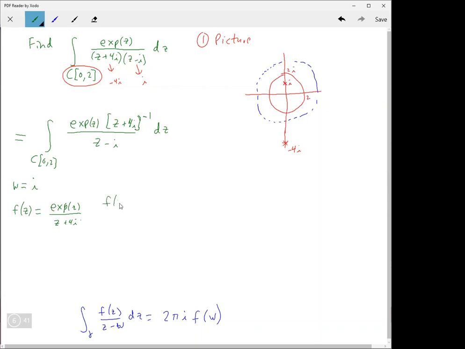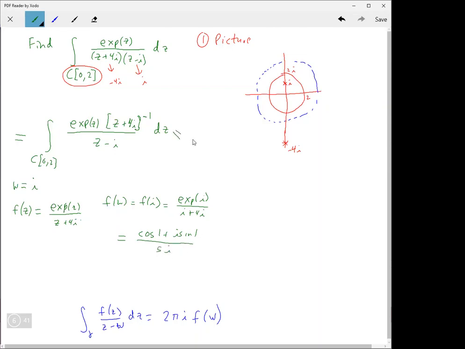Okay, so f of w is going to be f of i, which is going to be exponential of i over i plus 4. Dang, what's the exponential of i? Cosine 1 plus i sine 1? Oh my goodness.